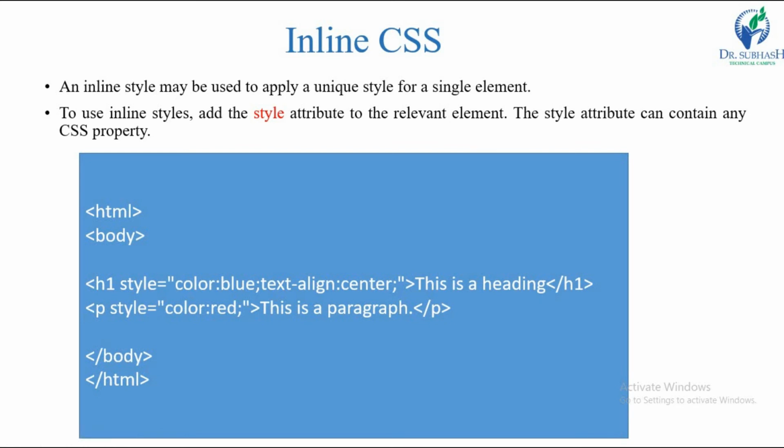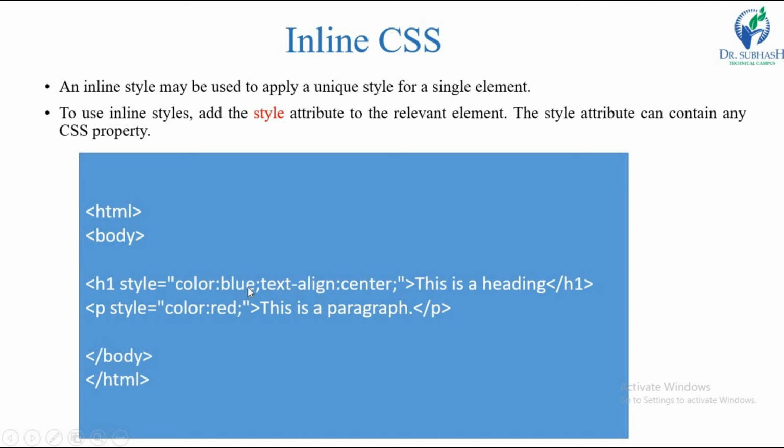To whichever element you want to apply a style, inside that particular element we are going to write a style attribute and we are going to write the CSS code for that element. So this is the example. In h1 I have applied the style color blue semicolon. The syntax is the same.